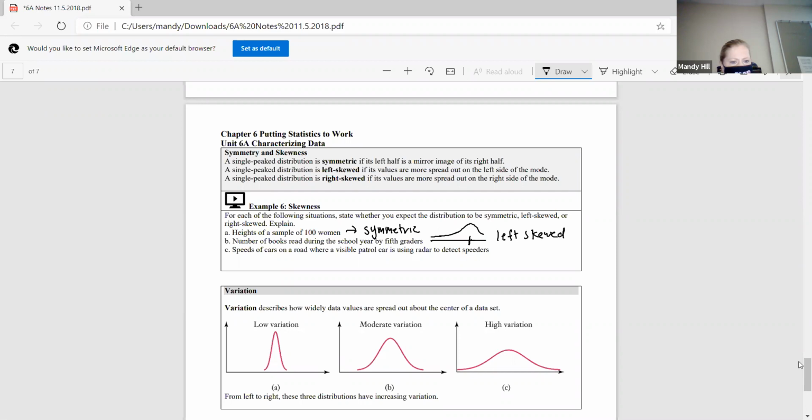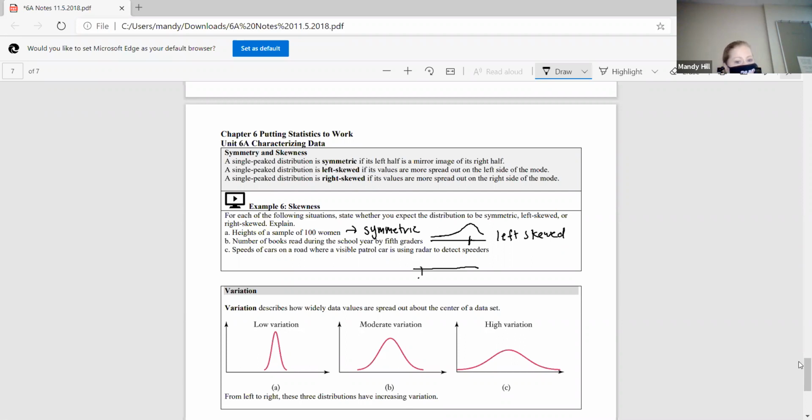Okay. Speeds of cars on a road where a visible patrol car is using radar to detect speeders. So once you get the bright lights in your face, right, and there's a police car up there that might pull you over, then you're going to slow down. And so I would argue on this one that we're probably going to have a lot more down here.